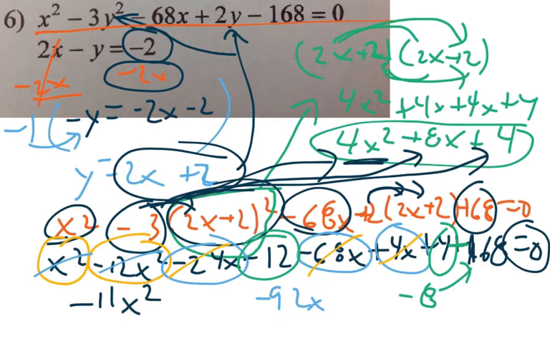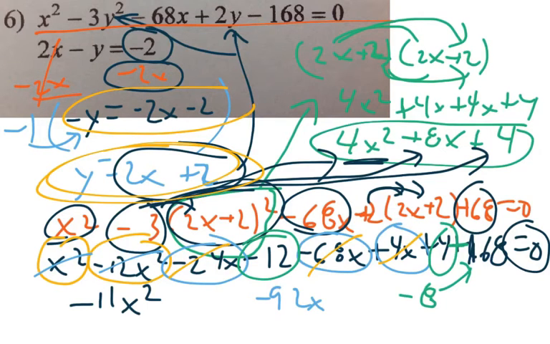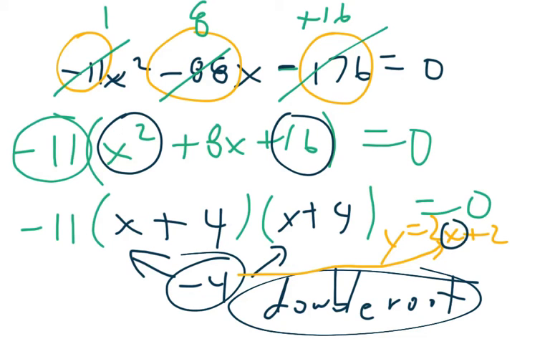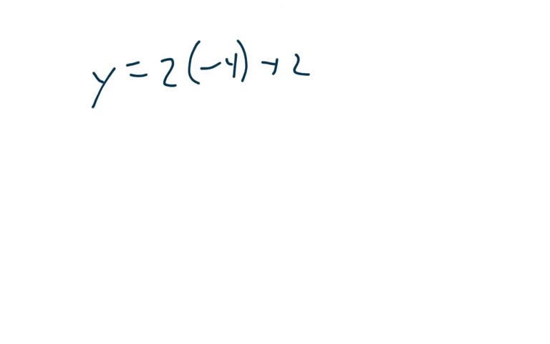Well, let's not forget, we have to go back here, and we know, right there, y is 2x plus 2. So if y is 2x plus 2, let's plug that negative 4 in there. Let me go to another page here. So y is 2 times negative 4 plus 2, because I plugged in the negative 4 right there.